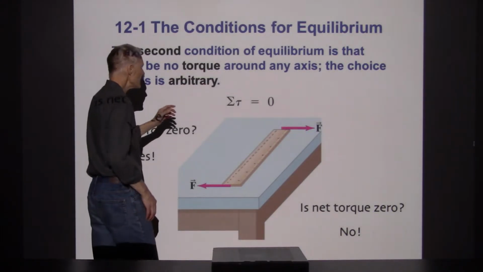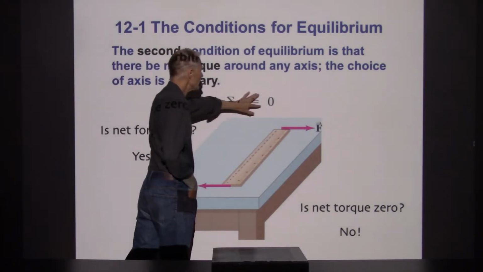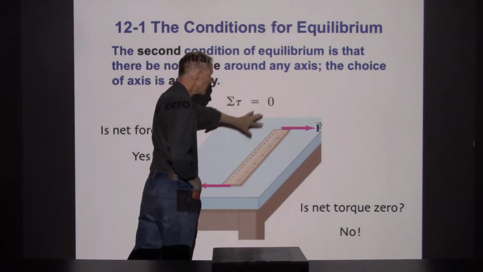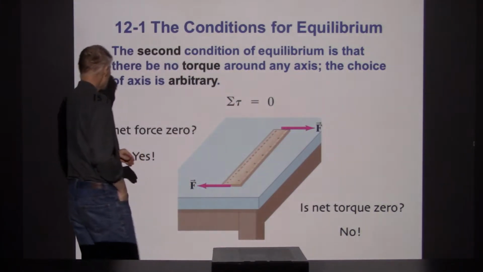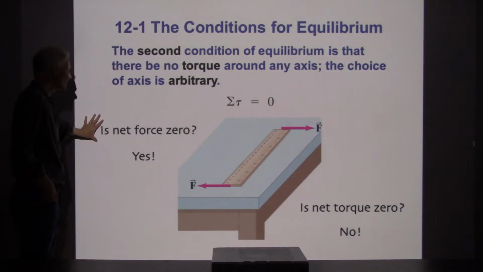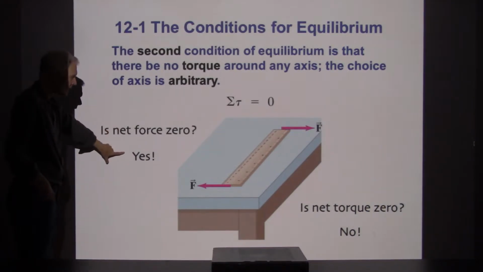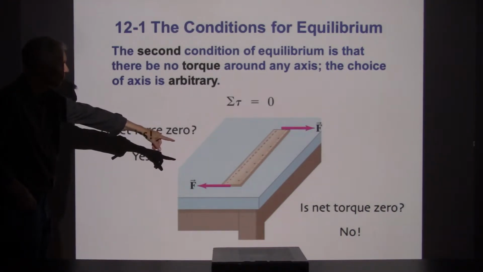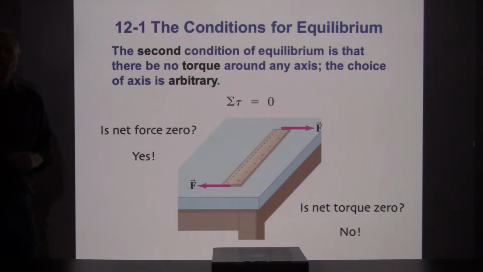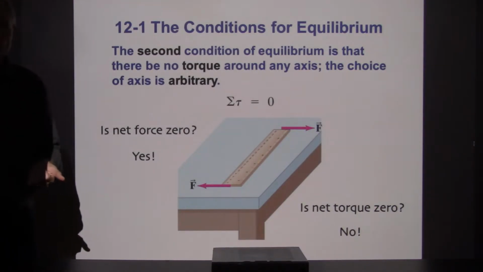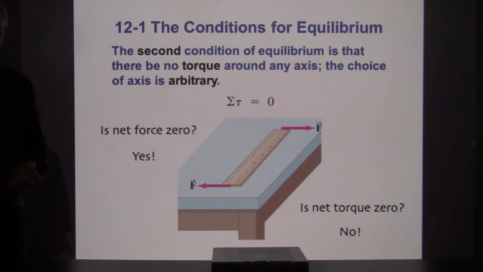So we need the sum of the torques to be equal to 0, but in this picture they're not. The sum of the forces, we can ask, is the net force 0? Yes, it is. Is the net torque 0? No, it's not. So this ruler is going to rotate. It's going to go into rotational acceleration.